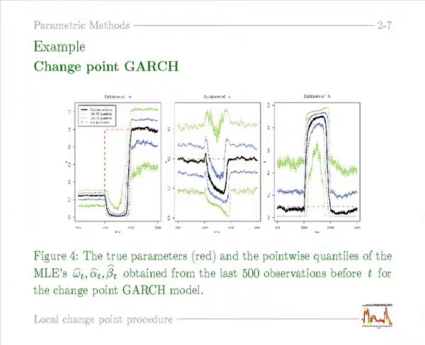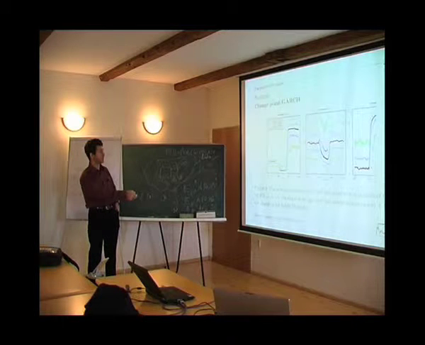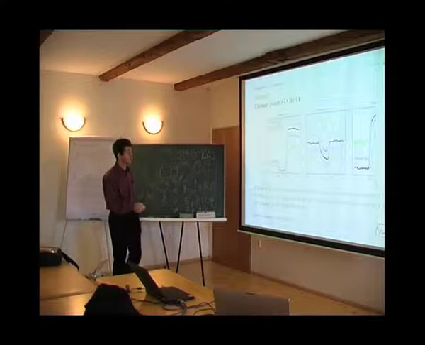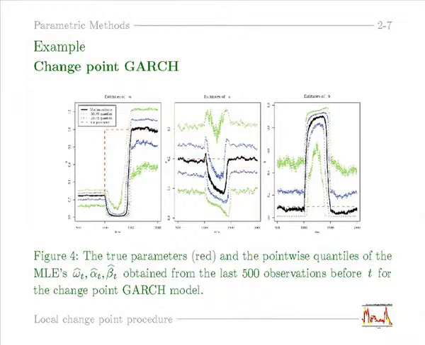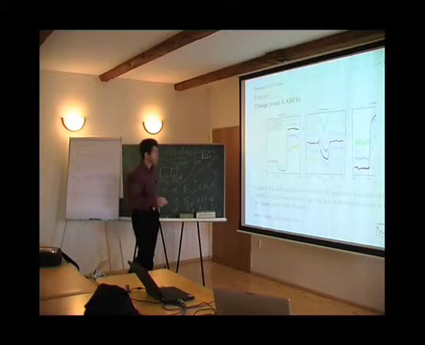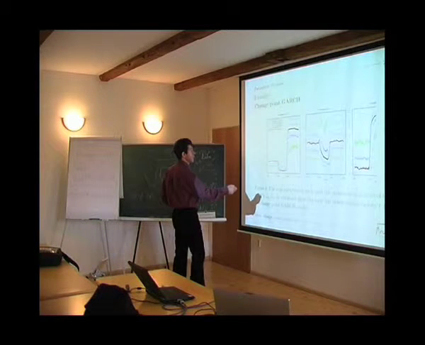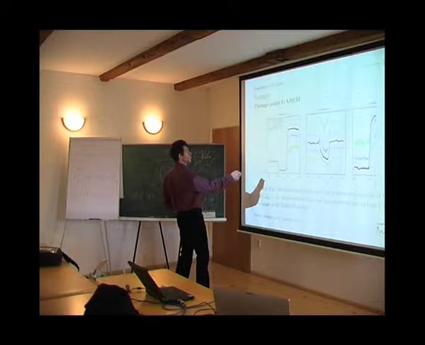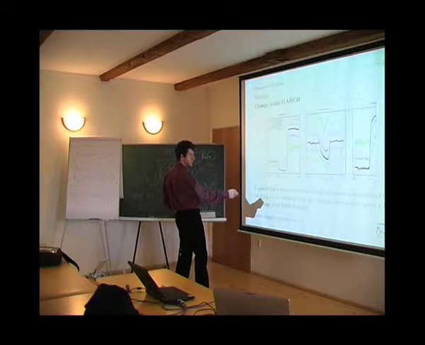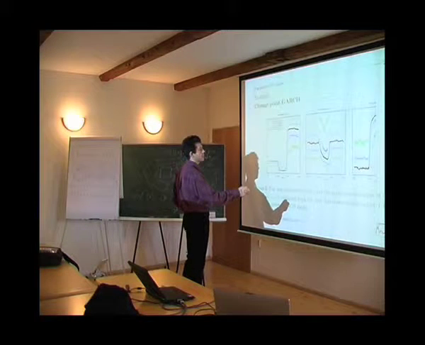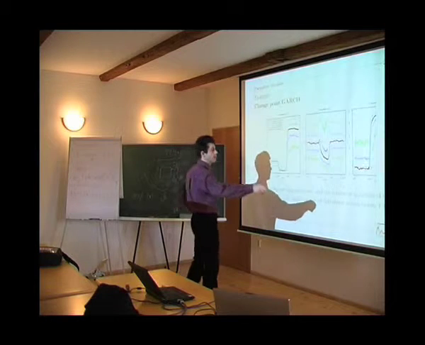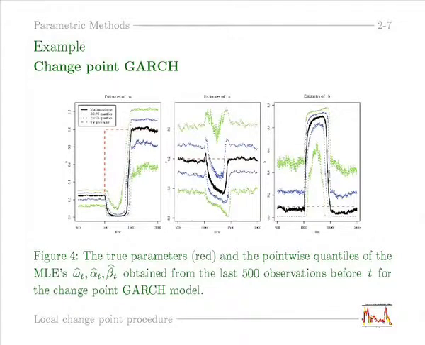The GARCH model is not true anymore, because in the data generating process you have a jump at this point. The model has changed here, but your procedure does not know and estimates as if it were GARCH. What you see here: the true parameter jumps to 1, the estimated parameter jumps to 0. The estimated parameter for alpha also jumps towards 0, but the parameter beta jumps to 1.